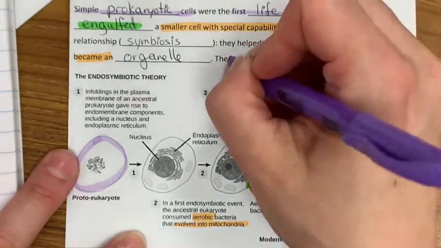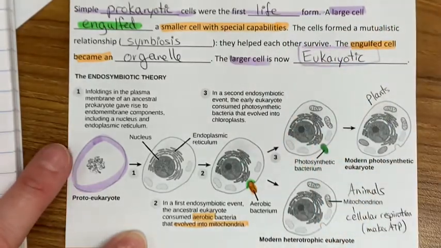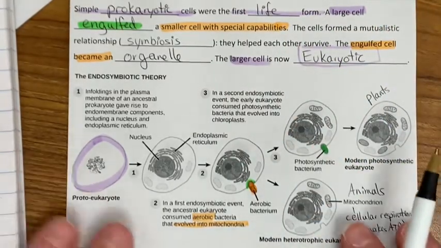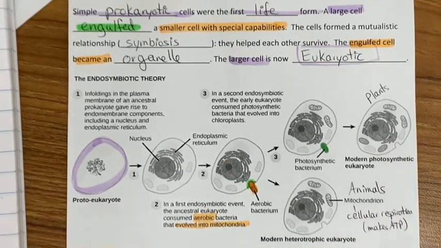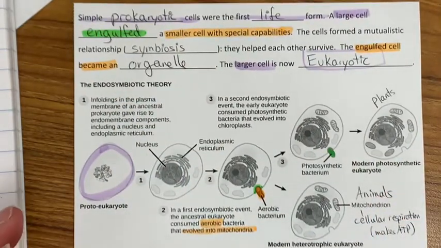The larger cell now becomes eukaryotic because now it has an organelle inside of it. So that's the idea of endosymbiosis. Okay, the endosymbiotic theory. One cell took in another smaller cell, and that smaller cell that got taken in became an organelle.